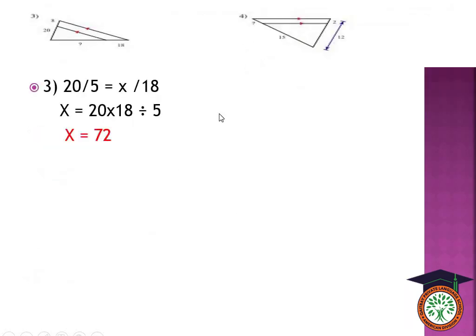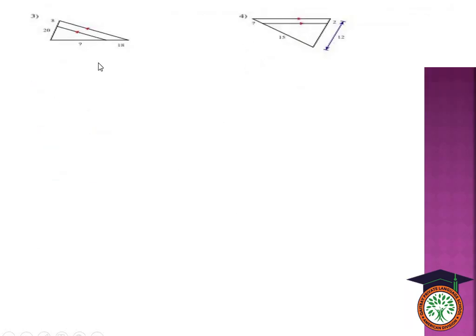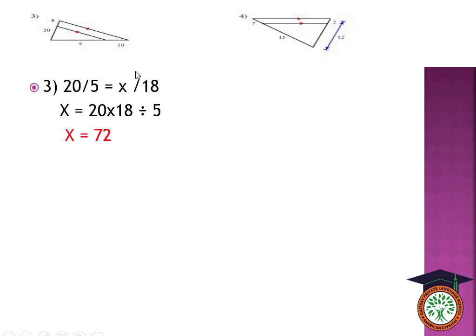Another example. Let's see here, I have another triangle. In this triangle, I can see also the parallelism here. I have the length of this part, and this part is missing, and this part equals 18. I want to find the value of this side. Also, I will use theorem 1.